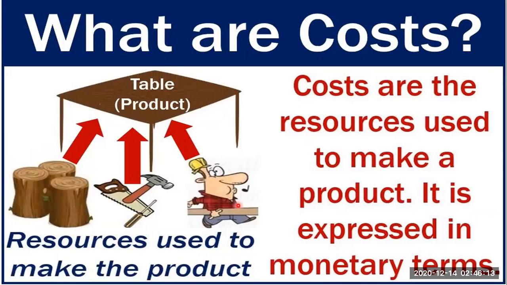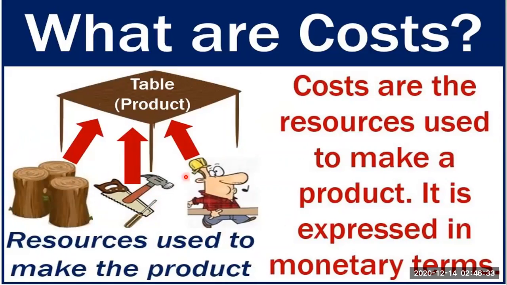Well, let's remember that costs are the resources used to make a product. It is expressed in monetary terms. Let's go back to the picture. Resources used to make the product. Which resources did you need?